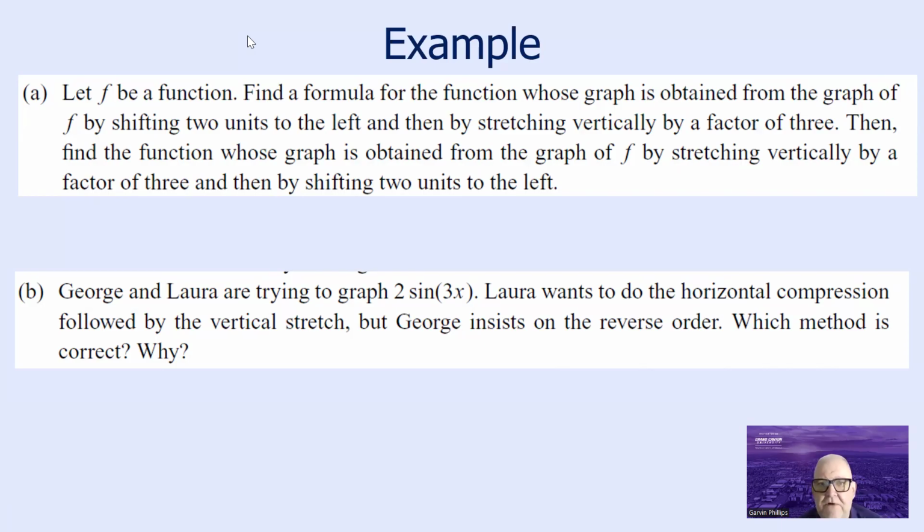And then I'm going to find the function of the graph that's obtained from the graph of f by stretching vertically by a factor of 3 and shifting 2 units to the left. So we're going to do one going one way. We're going to shift first 2 units left, then stretch vertically by a factor of 3. And then we're going to reverse the order and we're going to see what happens.